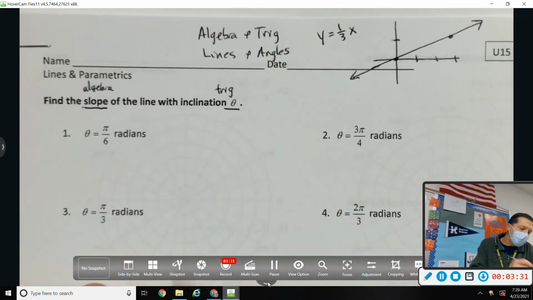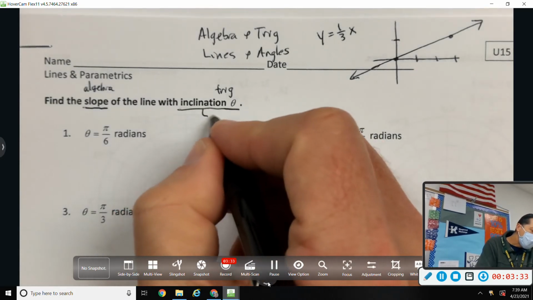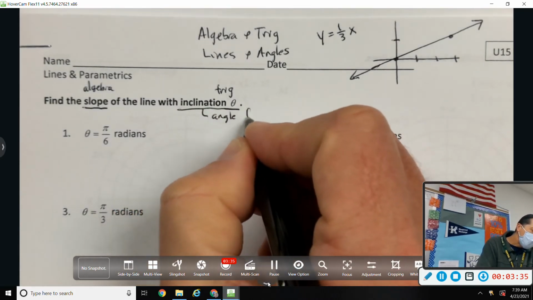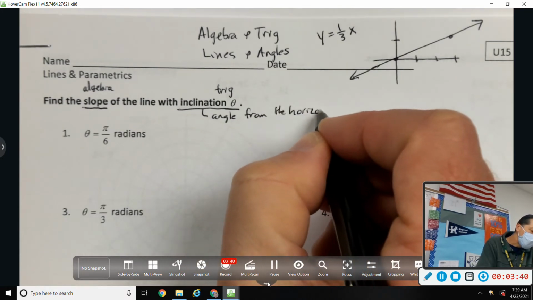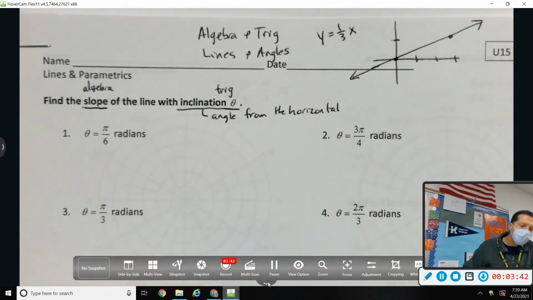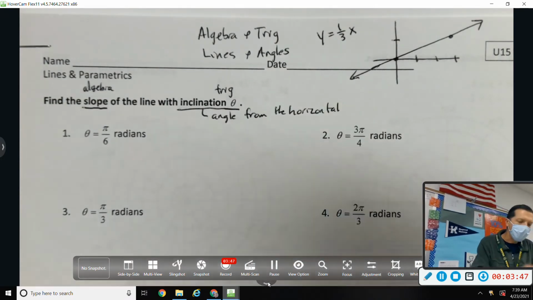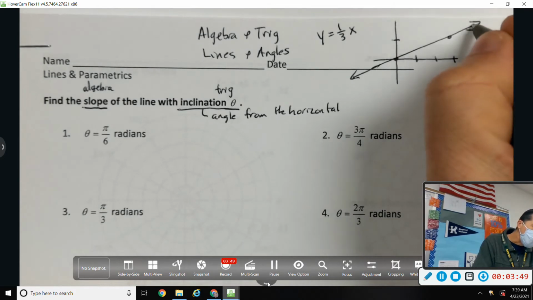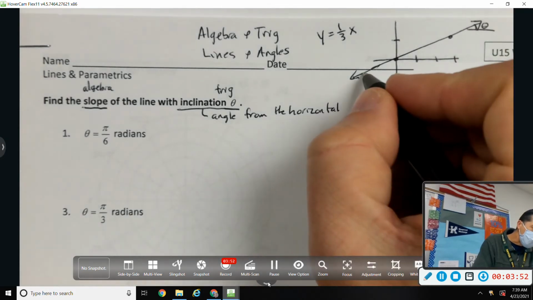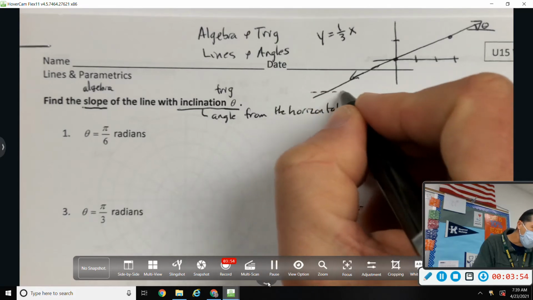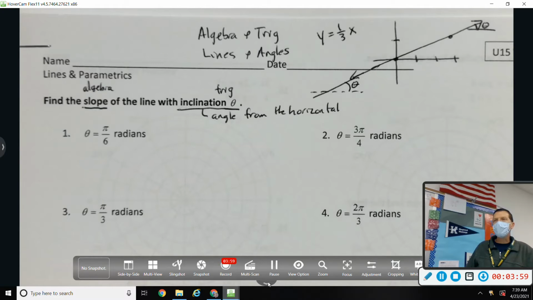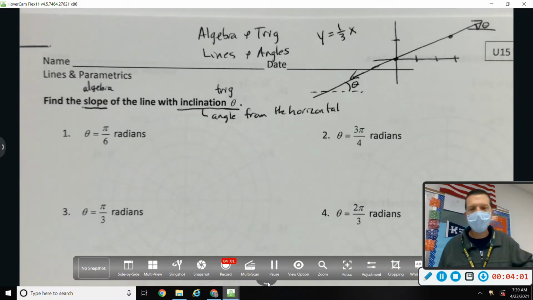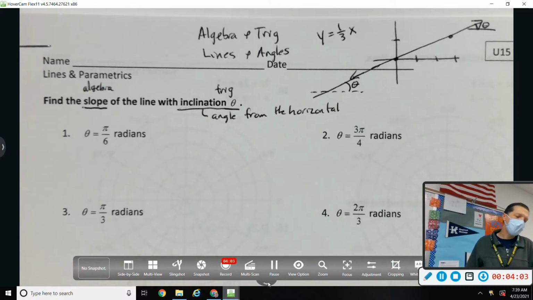The inclination is the angle from the horizontal. And from any horizontal. So normally we think of the x-axis as the horizontal, but it's going to be the same inclination wherever you draw a horizontal line. You can pick your favorite horizontal. Normally the x-axis is the easiest way to visualize it, but it doesn't really have to be the x-axis.